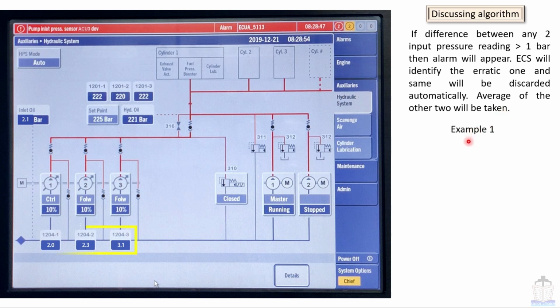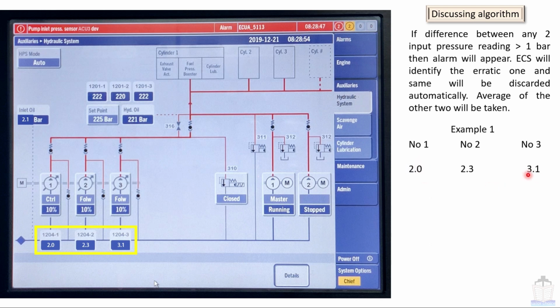Example 1. So here are the readings we are talking about. Number 1 is 2 bar, number 2 is 2.3 bar, and number 3 is 3.1 bar, as shown in this picture. We can see that the difference between number 1 and number 2 is only 0.3 bar, and number 2 and number 3 is less than 1 bar, but the difference between number 1 and number 3 is more than 1 bar.